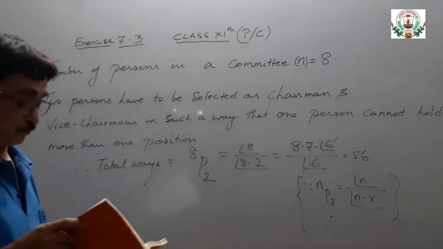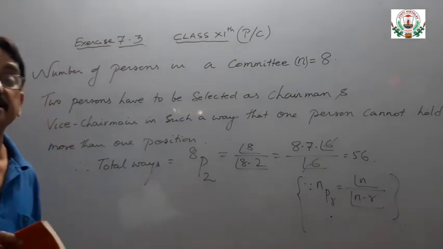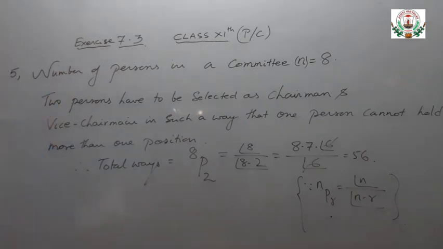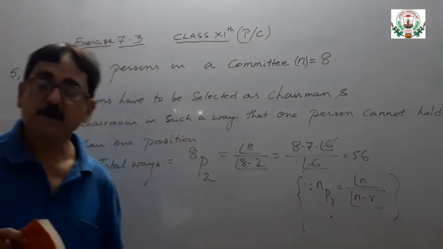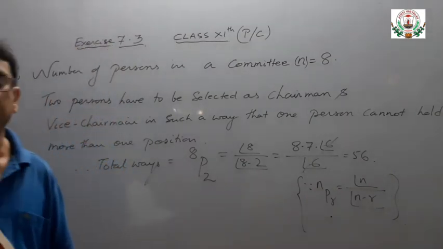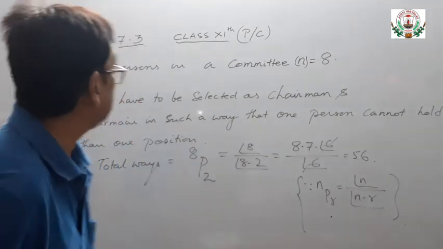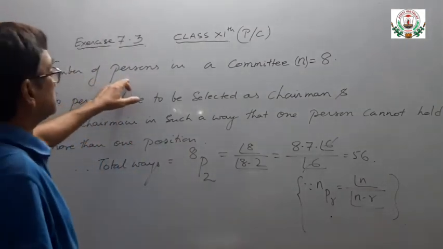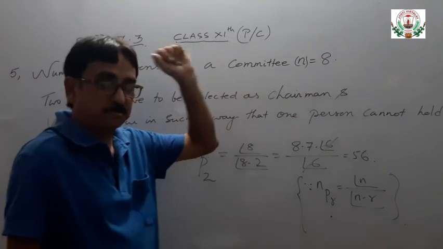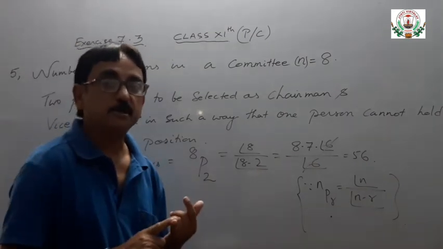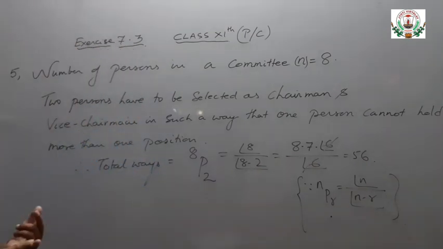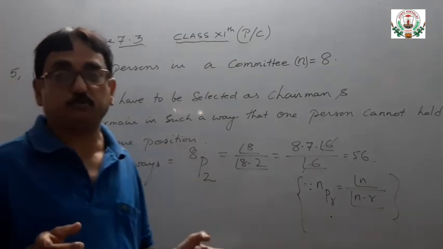From a committee of 8 persons, we have to select 2 persons whose positions will be chairman and vice chairman, and one person cannot be given both positions. So the number of persons in the committee is 8. 2 persons have to be selected, one to be chairman and another to be vice chairman, in such a way that any one person cannot hold both the positions.